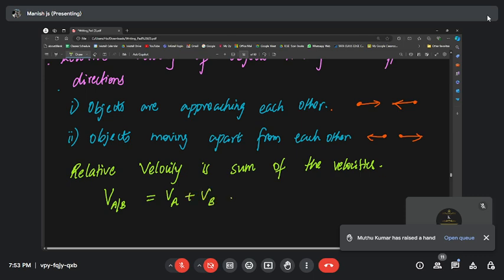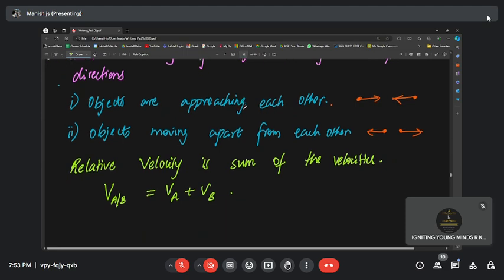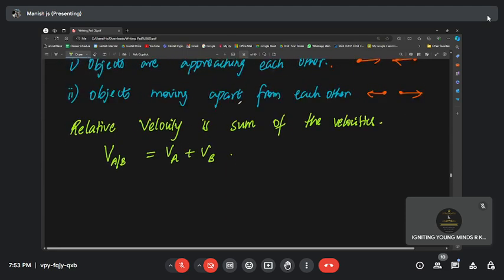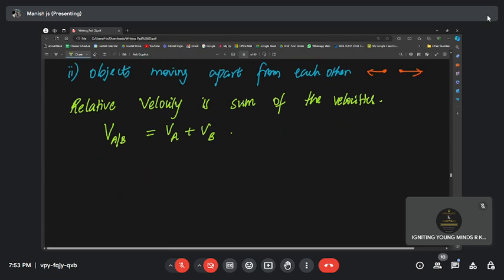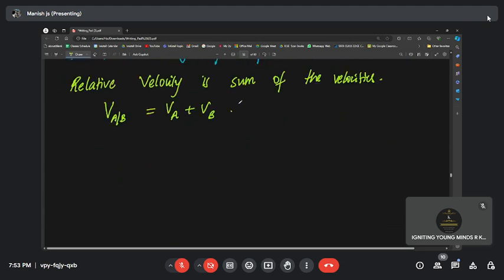That's it. You just need to add the values of the velocities of both the corresponding objects, which are approaching or moving apart from each other. So this is how relative velocity typically works for objects in the same direction of motion and objects in the opposite direction of motion. For opposite, now we have learned. For same, we have seen in the previous concept. With this, we finish the concepts of kinematics.